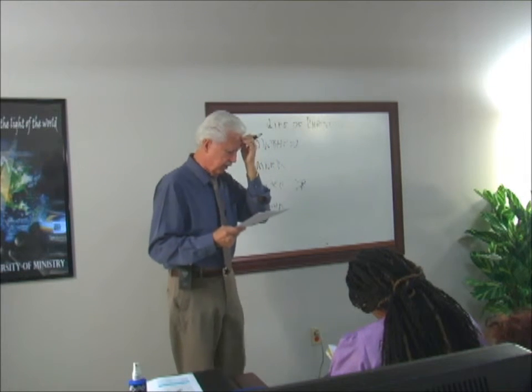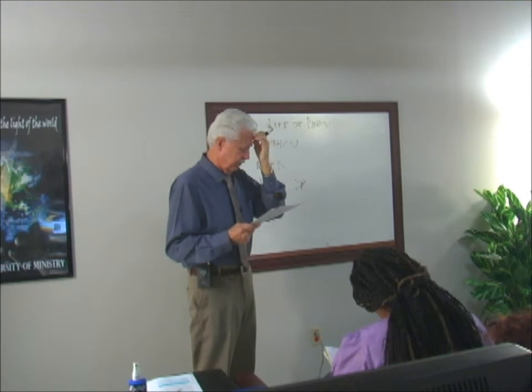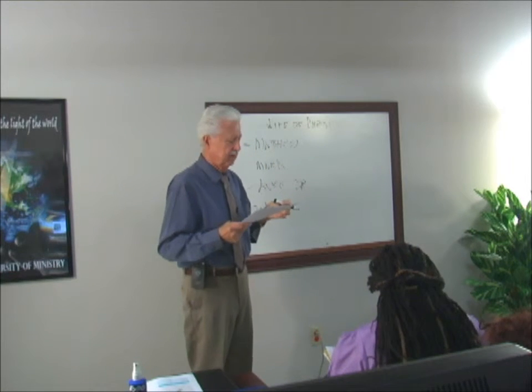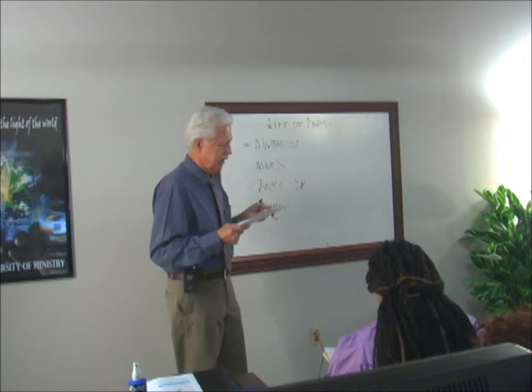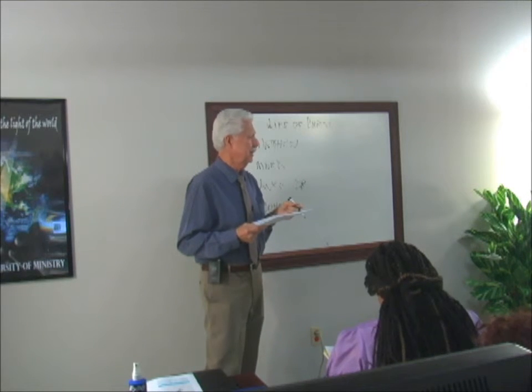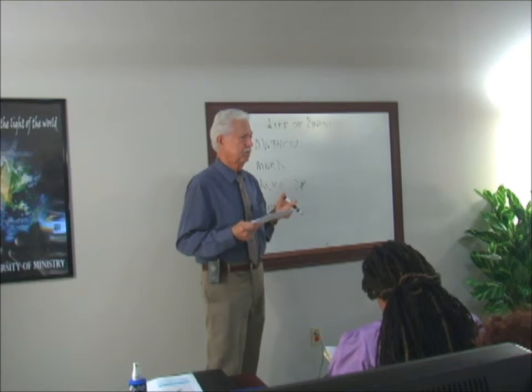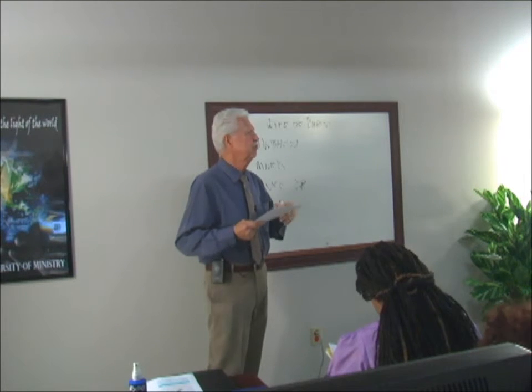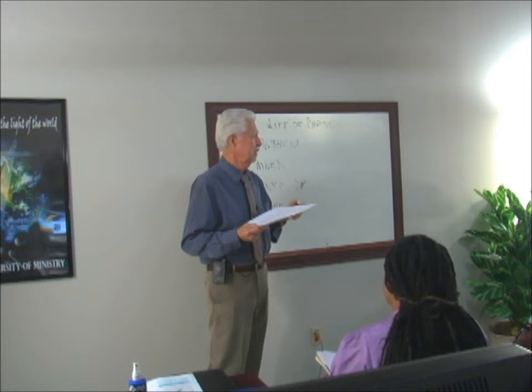And I found it was interesting with Matthew, and maybe he just wanted to give a good, accurate account, but in his writings in chapter 10, he acknowledges that he's a tax collector, which was a pretty lowly position for a Jew to be in. And for him to acknowledge that said a lot for Matthew.